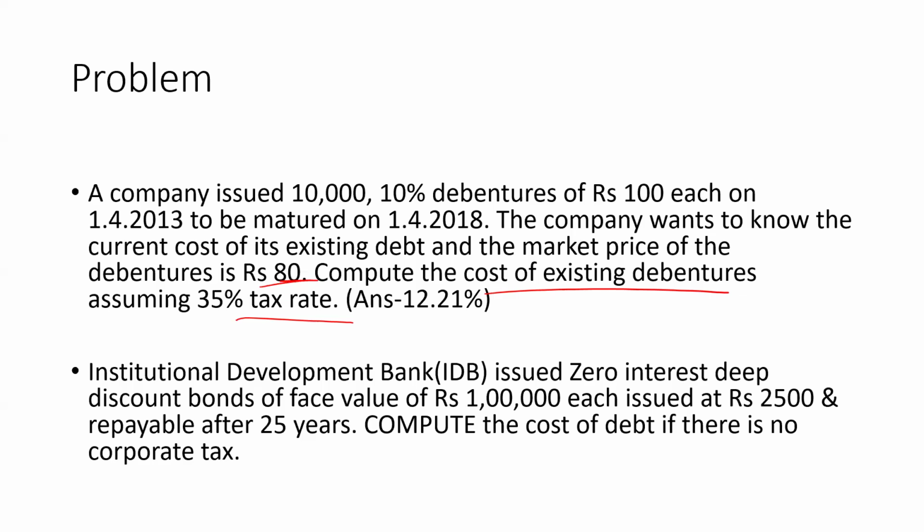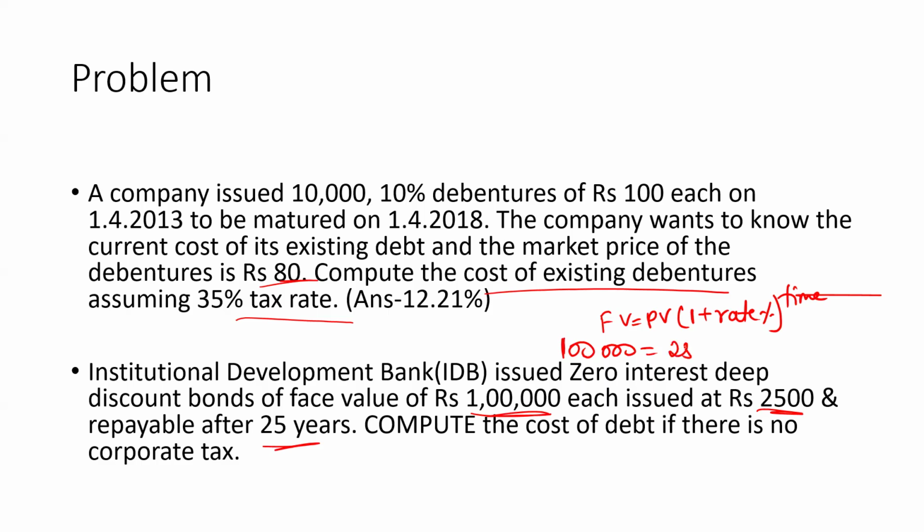The face value is given as 1 lakh rupees, the price is 2,500 rupees, and it matures after 25 years. You simply use the compound interest formula. Future value is equal to present value into 1 plus the rate of interest to the power time. Future value is 1 lakh, that is the face value.